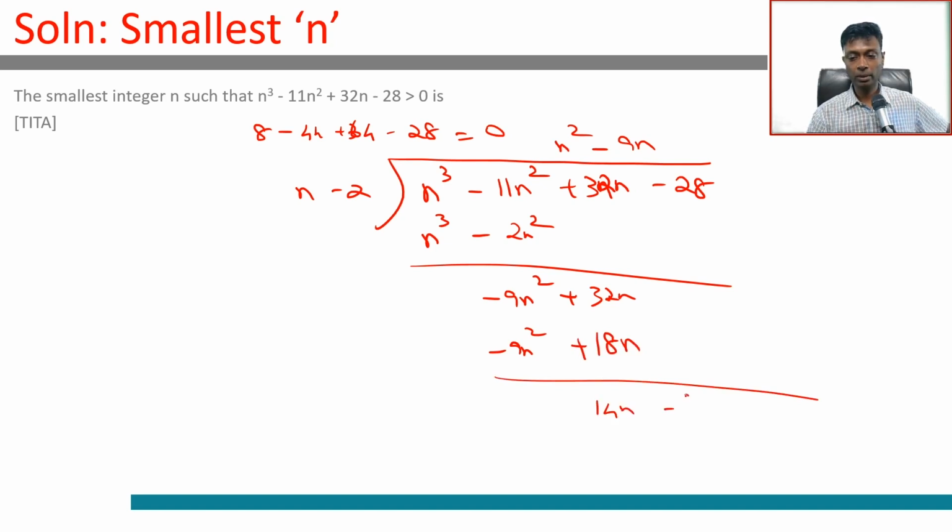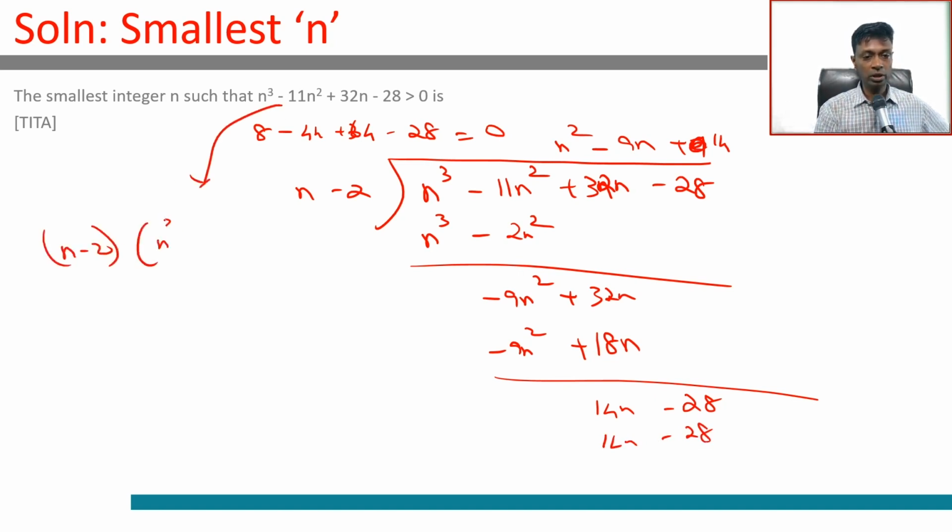We'll have 14n minus 28, plus 14. This is 14n minus 28, or our expression is n minus 2 into n square minus 9n plus 14, or it is n minus 2 into n minus 2 into n minus 7.